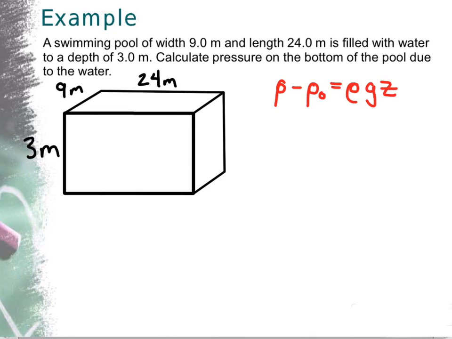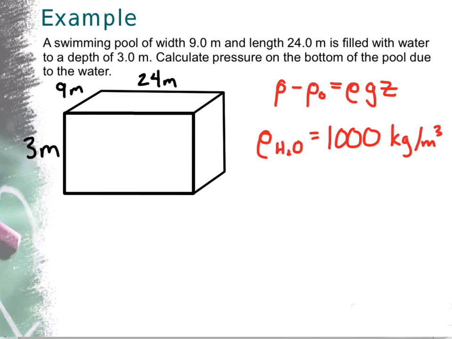All right, so we're going to use our pressure versus depth equation. And I know that the density of water, I told you that earlier, we're going to assume it stays at 1,000 kilograms per cubic meter, even though this water is not at 4 degrees Celsius, but the density of water actually doesn't change all that much, really.